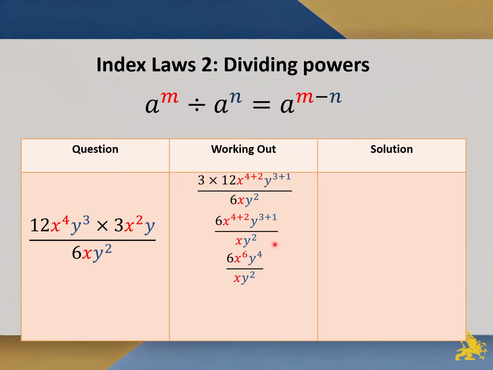I then apply the rule to divide powers, so that means I'm cancelling. I've got 6 lots of x's on the top, and I'm cancelling 1, so I'm taking 1. I've got 4 y's on top, and I'm cancelling 2 out, so I take away 2. And that gives me 6x to the power of 5, y to the power of 2.